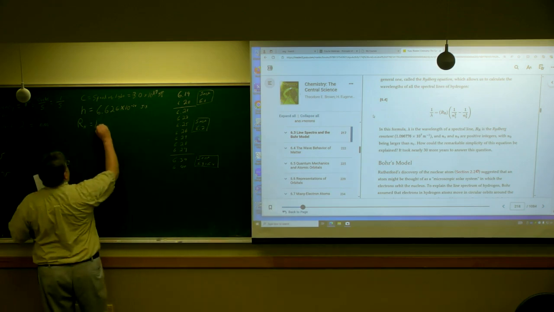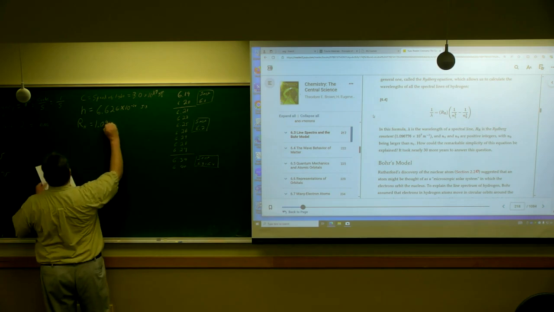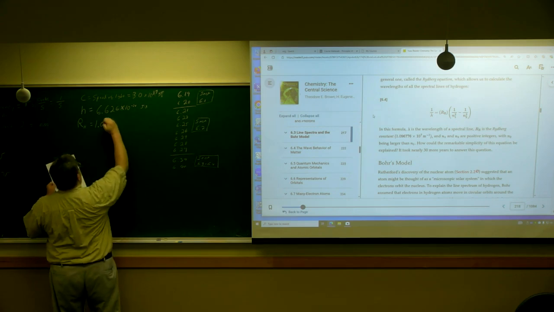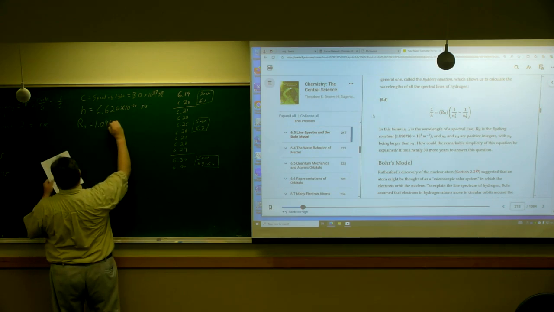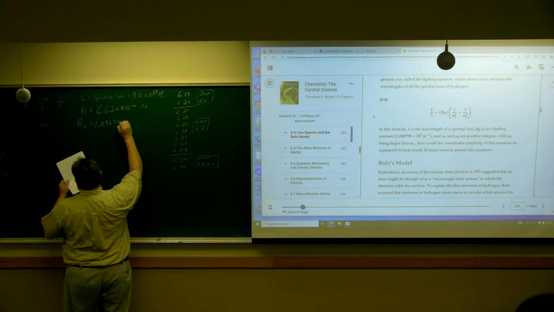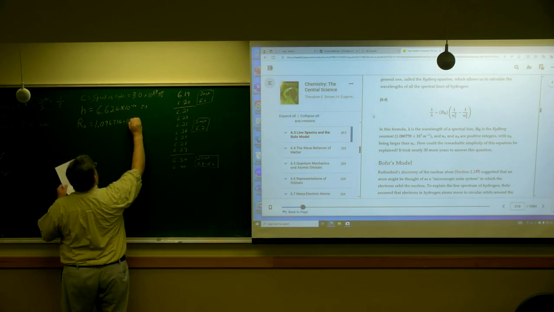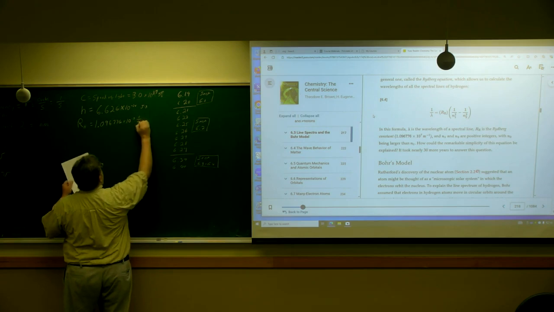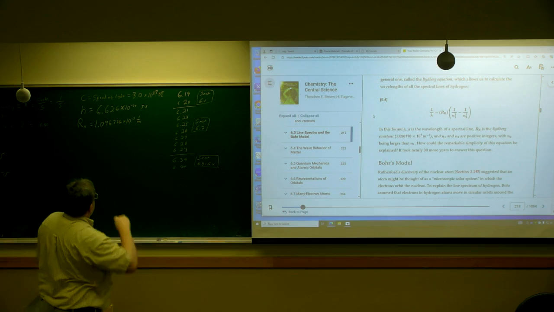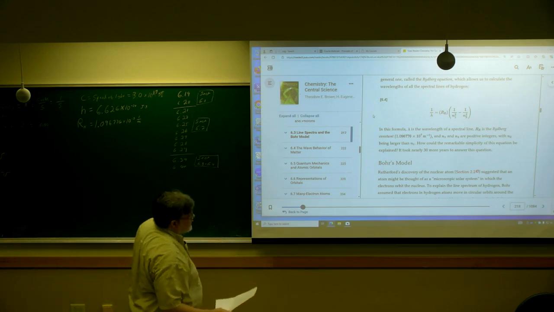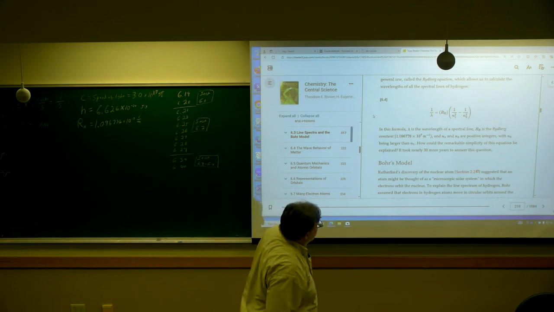So another constant, 1.096776 times 10 to the 7, and this one's in 1/meters. It's worth having that one in nanometers too, I think, but let's see.